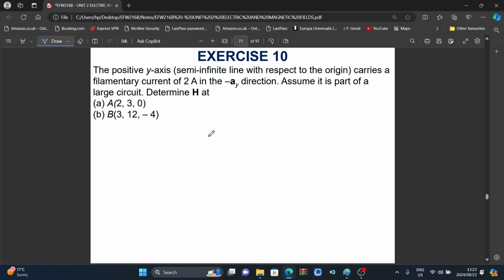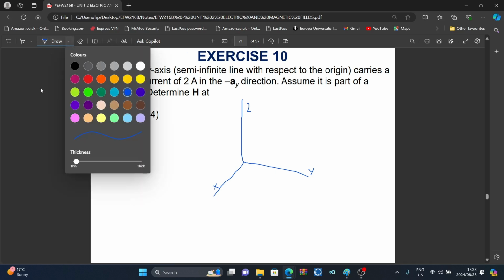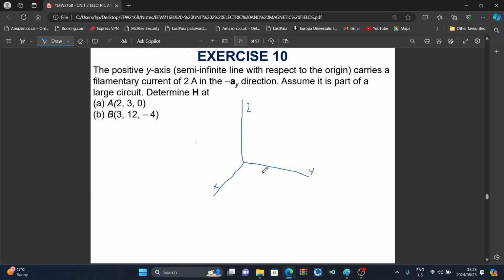But before we start, I would recommend you always start with a diagram that makes it easier for everyone to understand the work. So we have our Z axis here, we have our Y axis there, and we have our X axis here. Right?